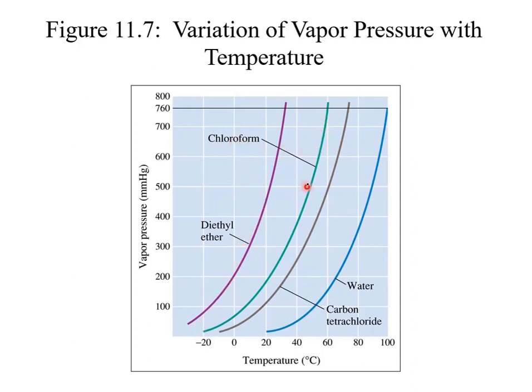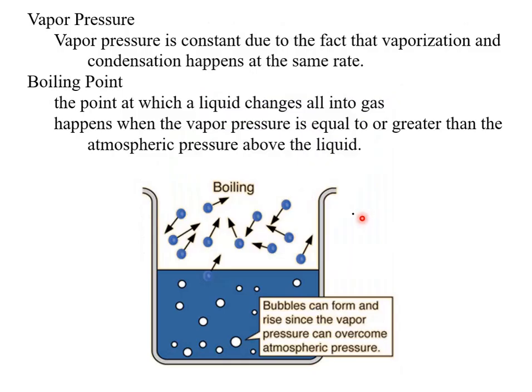Chloroform there. And so all of these increase with temperature, okay? But they all have their unique lines. And then this one is water, okay? So all vapor pressures increase with temperature. Each substance has its own unique vapor pressure profile, if you will, okay? So vapor pressure is constant due to the fact that the vaporization and condensation happen at the same rate, okay?